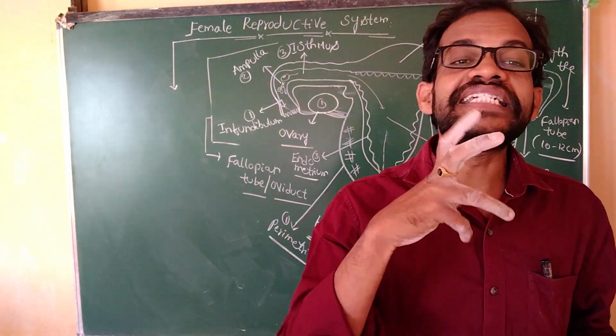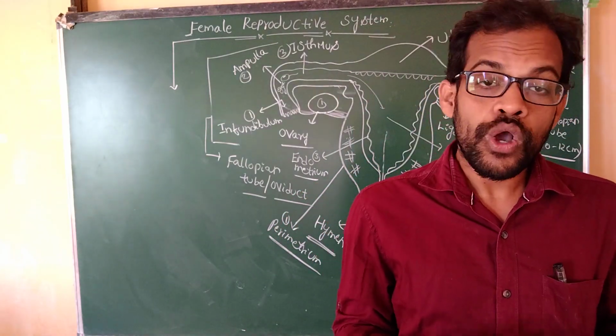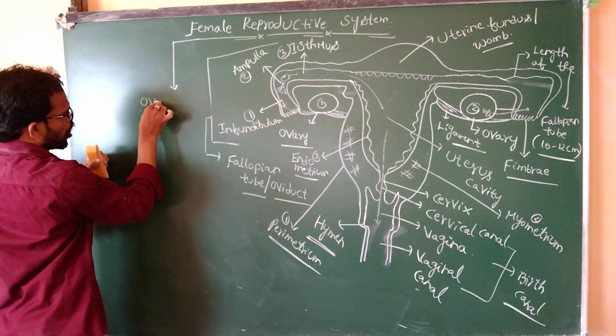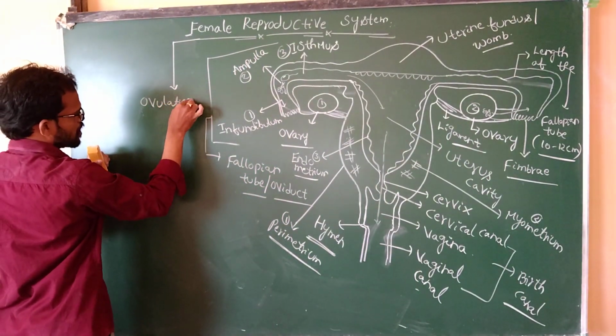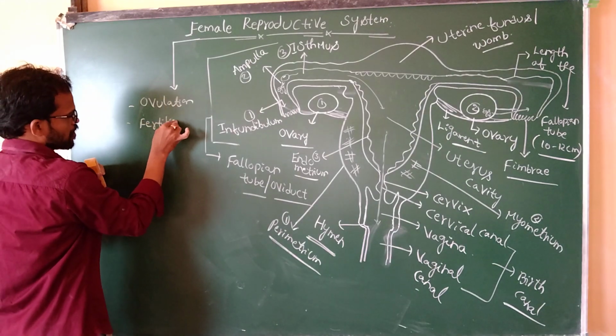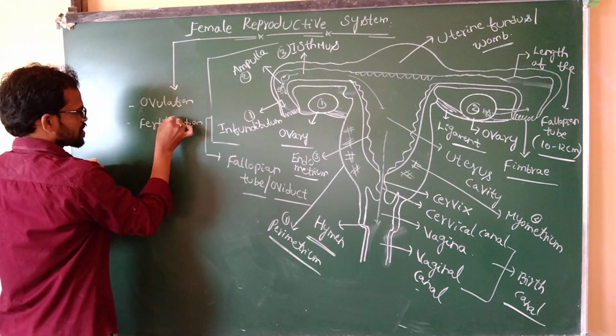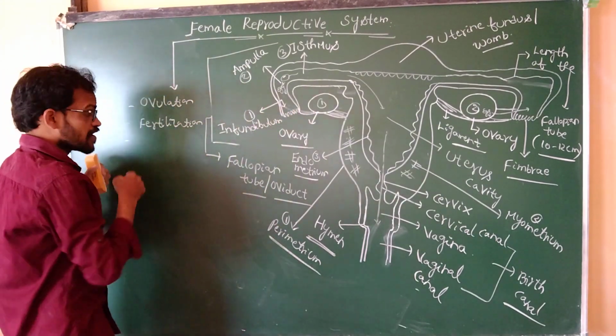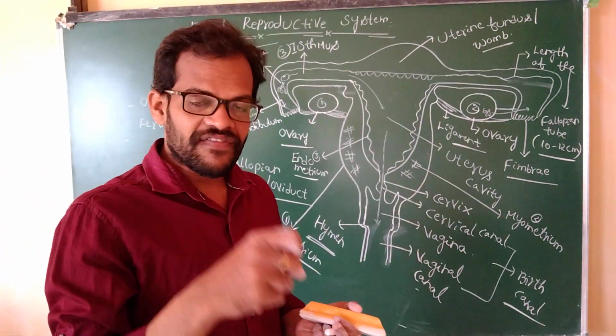These all work in an integrated manner in the ovulation process and the fertilization process. They are helpful for the reproductive cells. Fertilization is the fusion of male and female gametes.